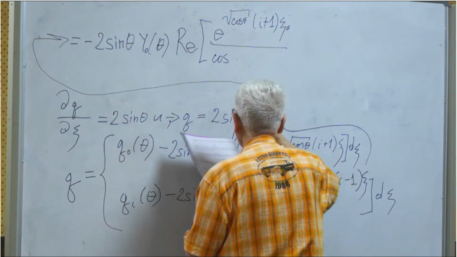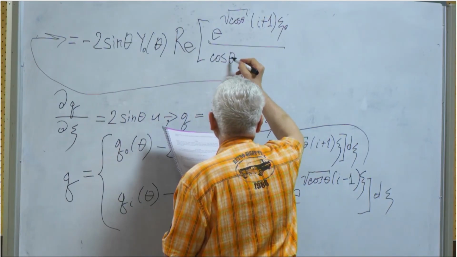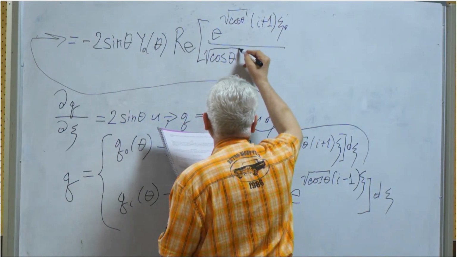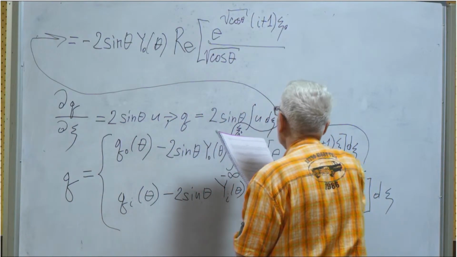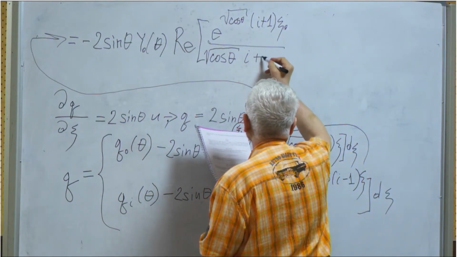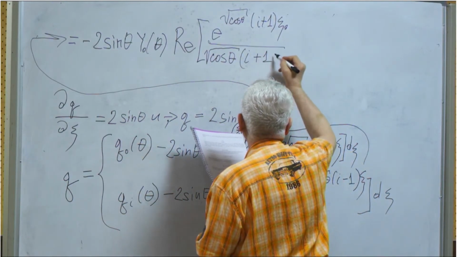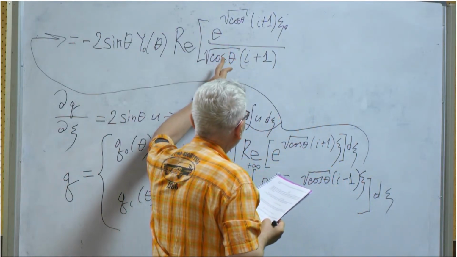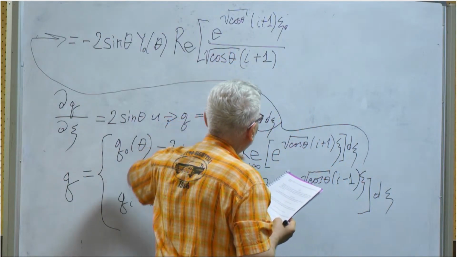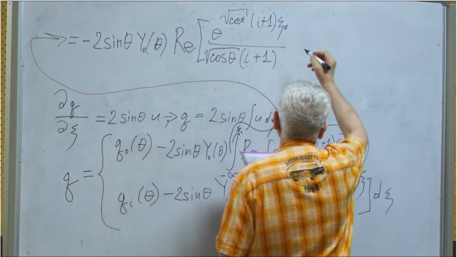Here we have square root of cosine theta again, and here I plus 1. The only difference is that here we have it under the exponent, and a different situation when we integrate that.